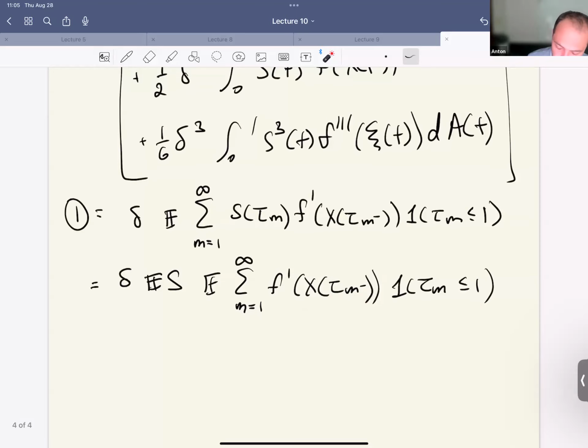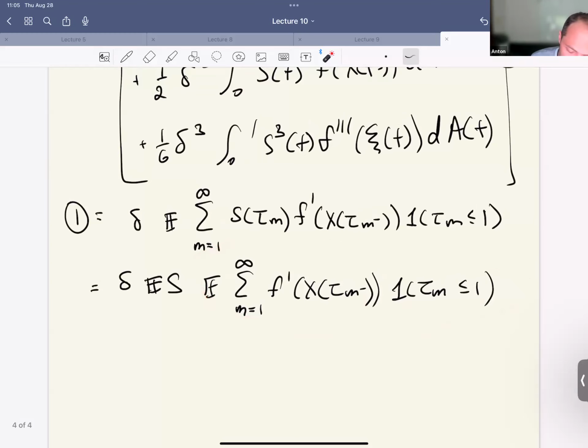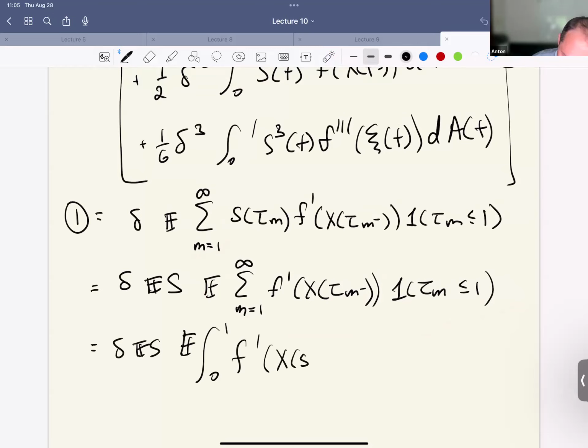Okay. So I cannot do anything about this term except I'm just going to write it in terms of the integral that we're used to. 0 to 1 f prime x of t minus dA of t.